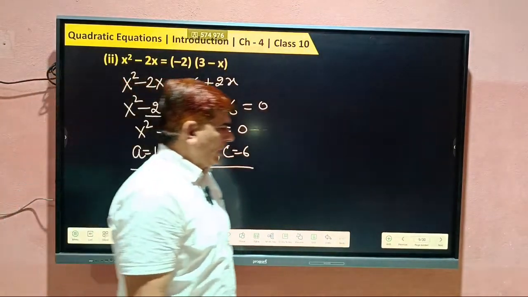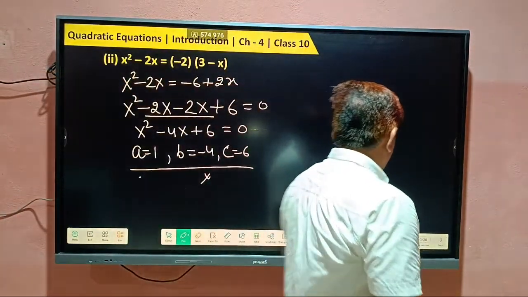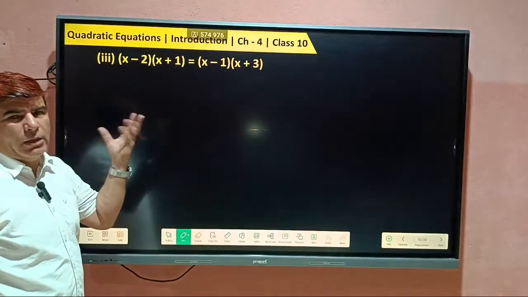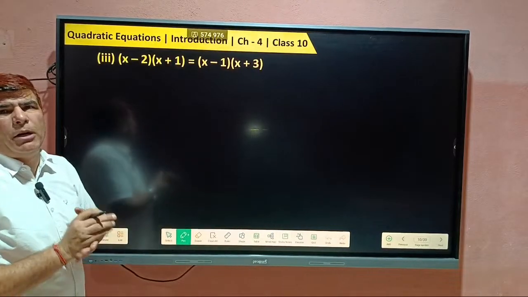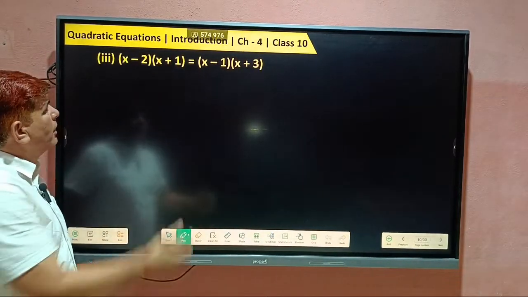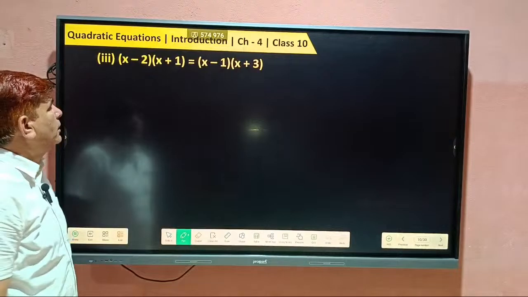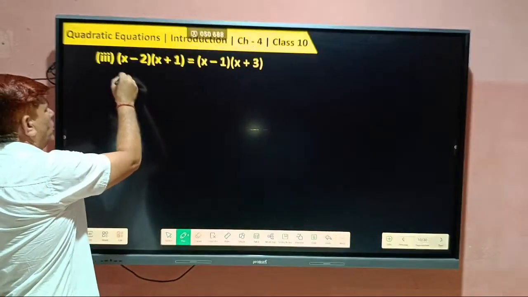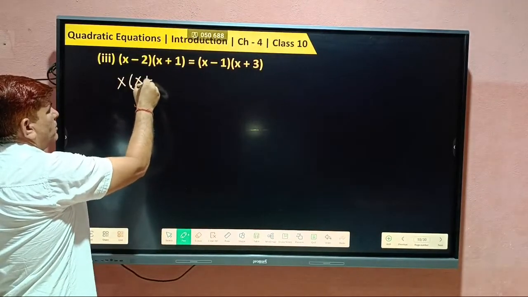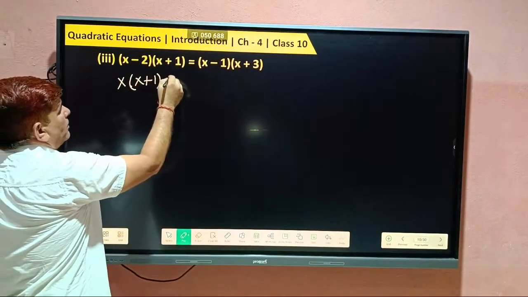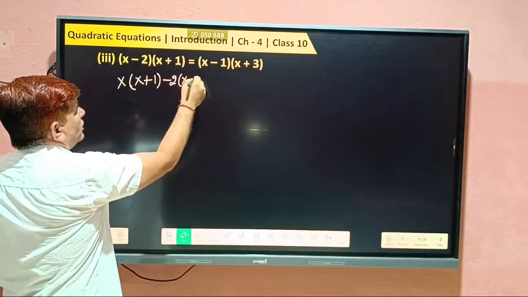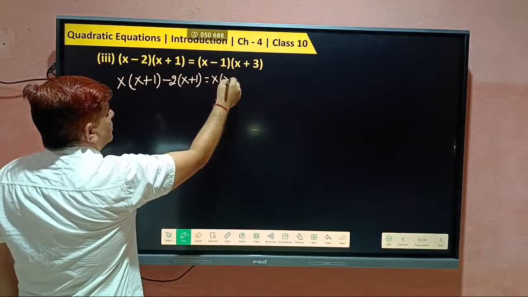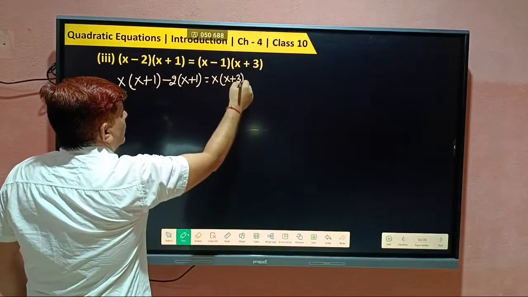So easy. You can solve these without any problem if you know how to multiply coefficients and variables. Here also you have to tell like this. The first step is this. In the second step I have written x common, so x + 1. Then −2 common, x + 1. Here also x common, x + 3.